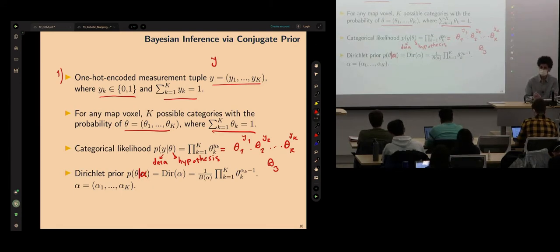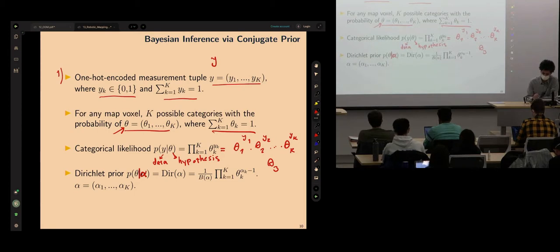So given alpha as hyperparameters, because they're not theta. Theta is actually the parameter. Alpha is the parameter of the prior. Then we call it hyperparameters to make sure it's clear that we're not talking about these outputs that are parameters. Okay?